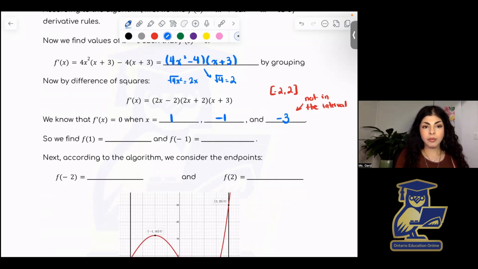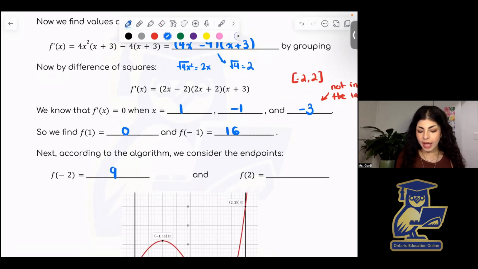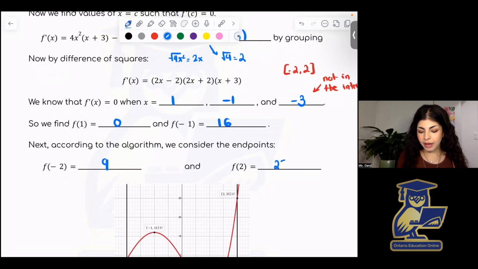So f of 1 is just 0, and f of -1 is 16. And we also have to consider the endpoints here as well. So f of -2 is 9, and then f of 2 is 25.